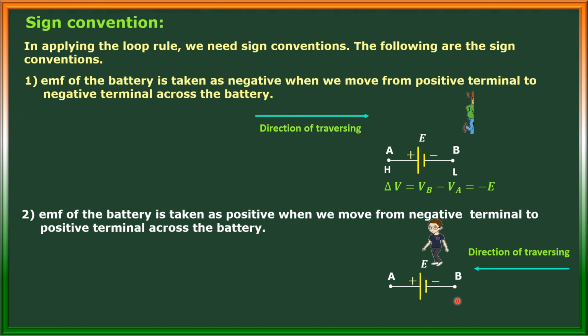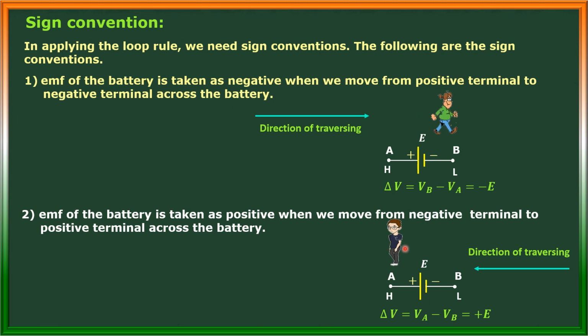That means when I cross from negative to positive terminal, potential is increasing. Hence, we have to take the EMF as positive. So see here, A is at higher potential and B is at lower potential. Here I am traversing this battery from lower potential to higher potential, and here delta V is equal to VA minus VB, that is VA is greater than VB, hence we get plus E, that is the EMF of the battery should be taken as positive.